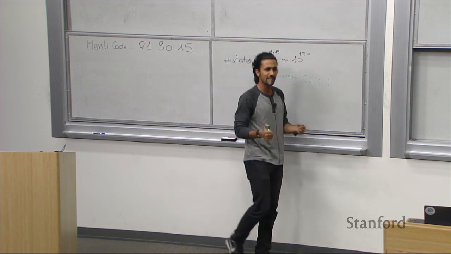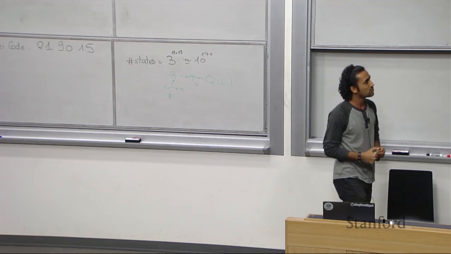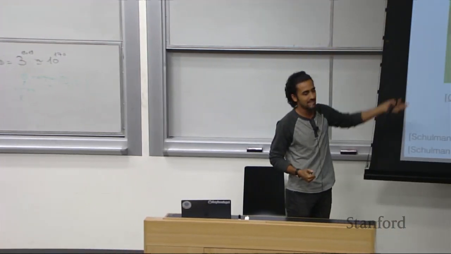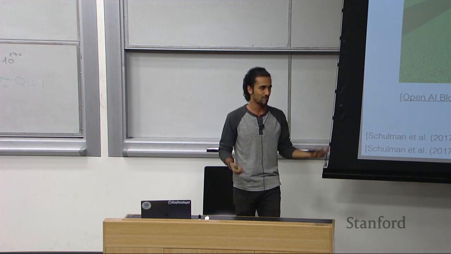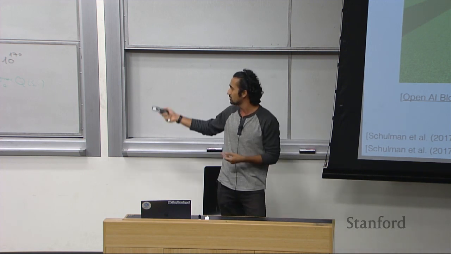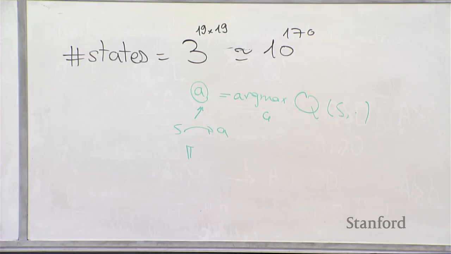So what you care about at the end of the day is actually the policy, like what action should I take? It's not really the Q value itself, right? So this class of methods called policy gradients is trying to directly optimize for the policy. So rather than updating the Q function, I compute a gradient of my policy, and I update my policy network again and again and again.